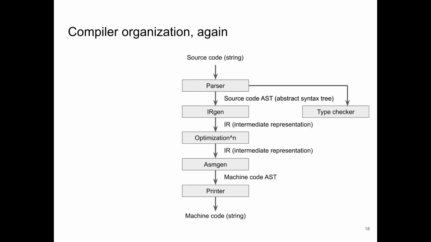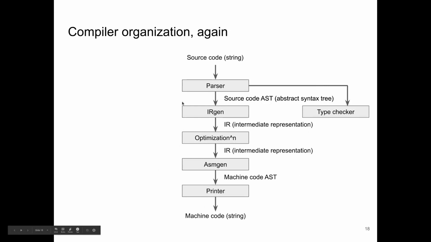Afterwards, you perform ASM gen, which generates a machine code AST or binary or assembly. The main part of ASM gen is recognizing the physical hardware resources. And then you print your machine code into a string. That is basically the whole flow of the compiler you're going to build.